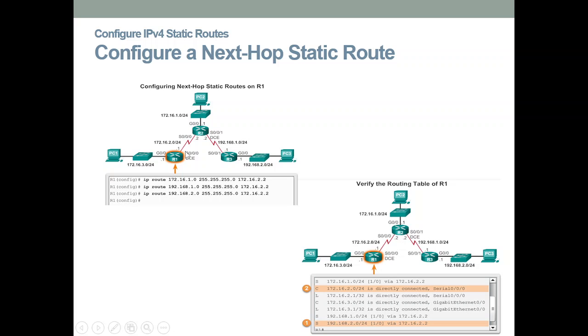The first IP address it comes across will be the gateway. So the gateway is 172.16.2.2. The same thing applies here. If I want to reach this network, it will still be the same gateway. The next thing we are going to do now is go to part 2 of the configuration of static route.